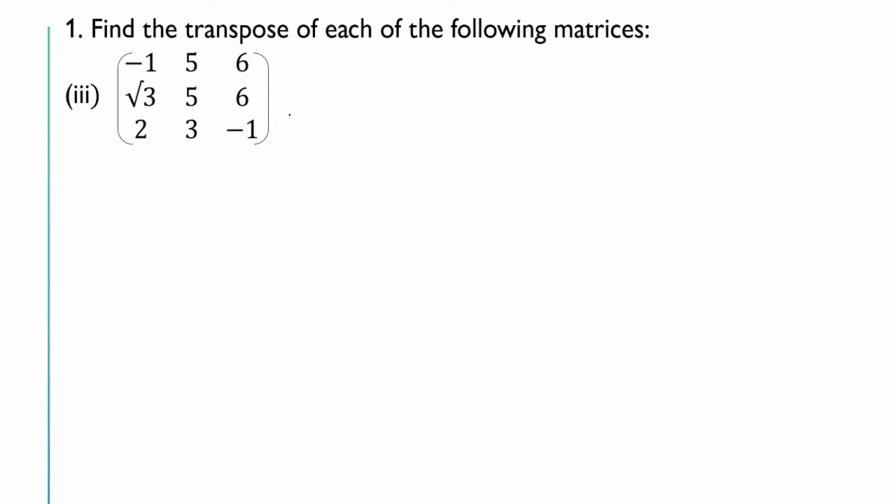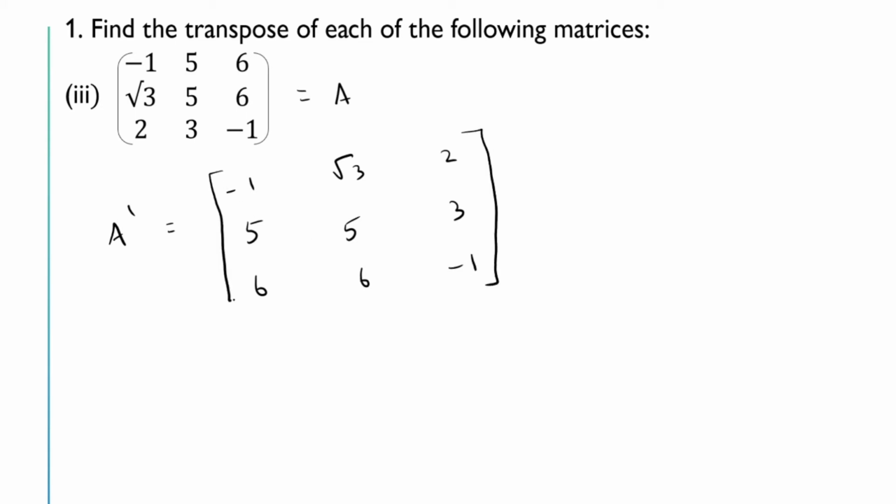Let this be equal to A. Then A transpose is equal to, first row becomes first column, second row becomes second column, and third row becomes the third column. So this is the transpose of the given matrix.